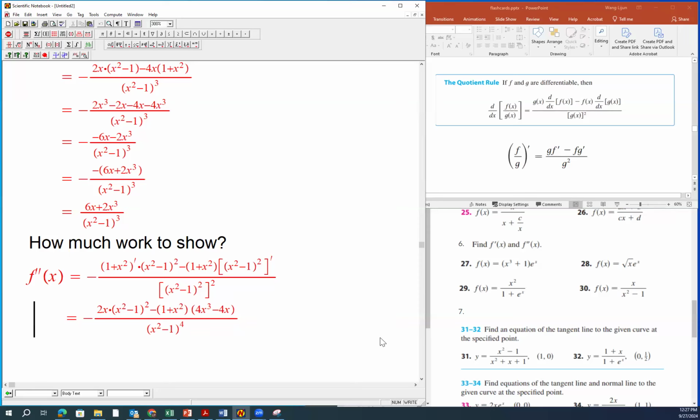Okay, so we got here, and I will show this piece. That demonstrates your algebraic skills. Here we did the factoring for that part, and then we reduce the x squared minus 1.